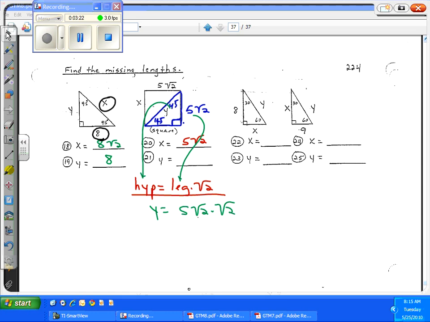Now square root 2 times square root 2 is plain old 2, because what you have is a pair of 2's, and from the pair of 2's out pops a 2. And so you have y equal 5 times 2, or y equal 10. Any questions on number 20 and 21? Okay.